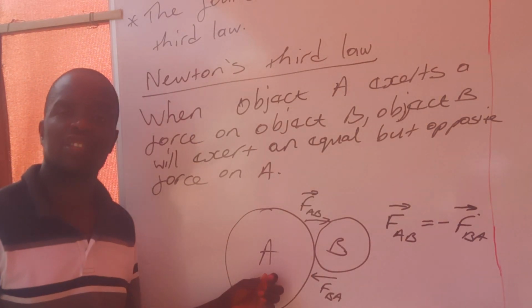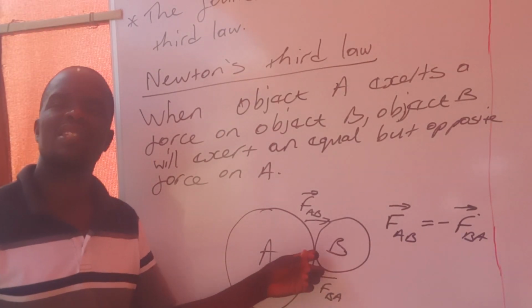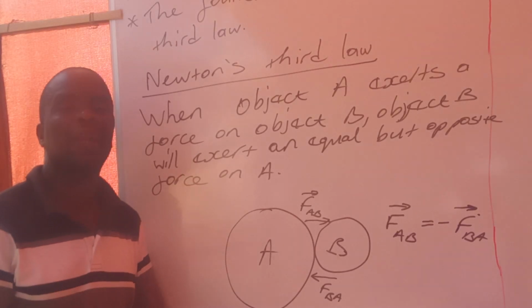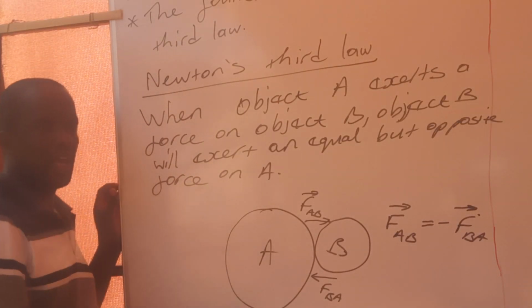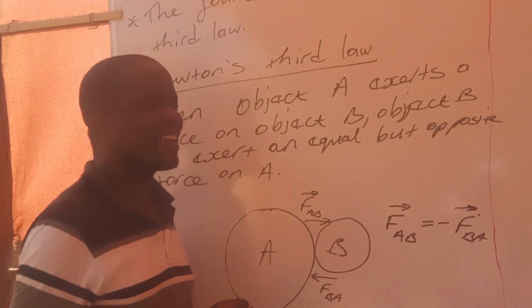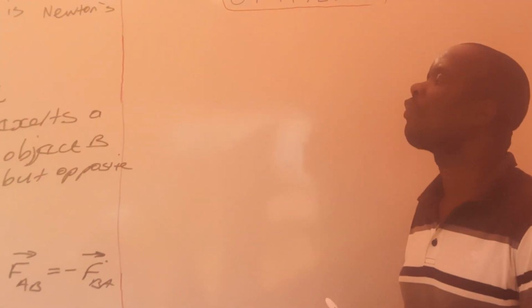The force exerted by A on B is equal in magnitude to the force exerted by B on A, but opposite in direction. This is Newton's third law, and it holds true regardless of the differences in the size of the objects.